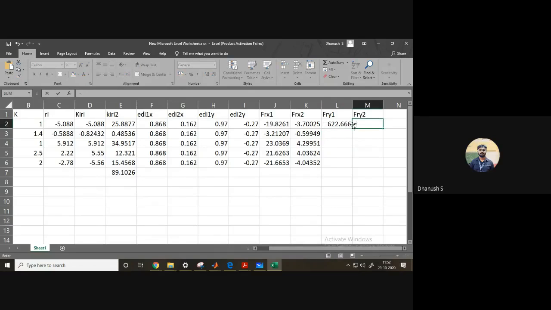This must be equal to KiRi divided by summation KiRi square into 550 again, because the force along y direction is 550, into the design eccentricity for the second case. Sir, one is wrong. Oh, what did I select? I selected some wrong cell. One second. Is this correct? Yes, sir. Look, check now. Correct.